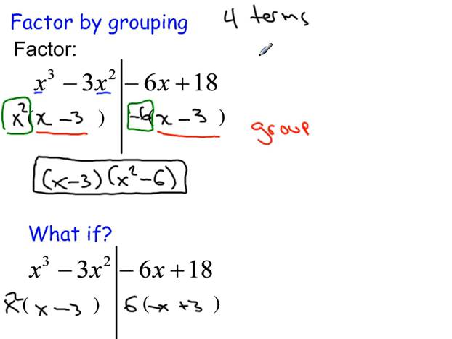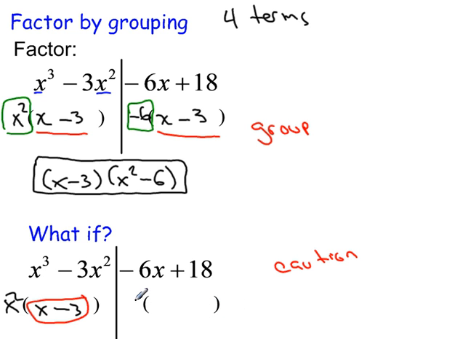Well, yeah, I mean, you can, but I'm going to caution you here. You should always try to make what's inside the parentheses the same. They should be the same, and if they're not the same, then you should play around with it and make it the same. So you see, if you did that and you didn't have the same thing on both parentheses, then play with it.